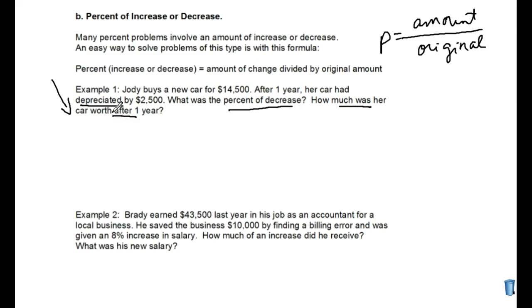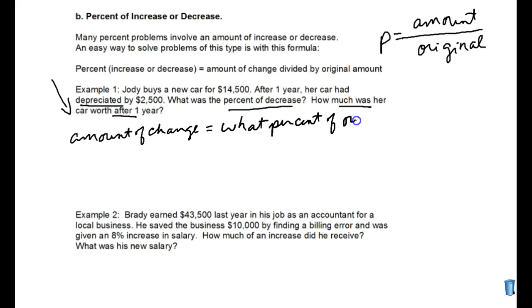To find the percent of decrease, you're answering this question: the amount of change equals what percent of the original amount.